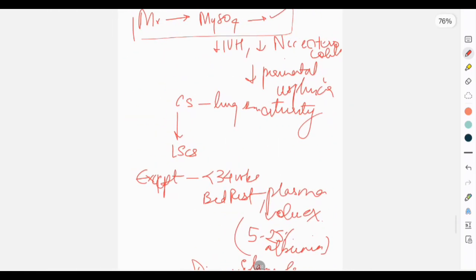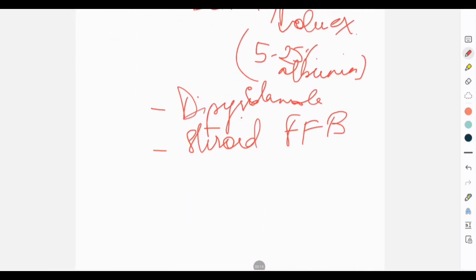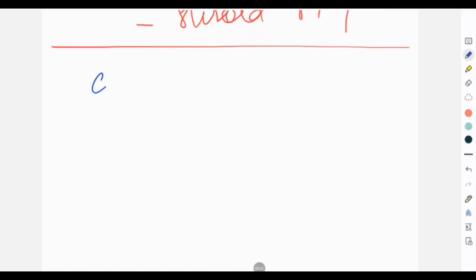So management is MgSO4, then corticosteroids, termination by LSCS, except in less than 34 weeks, where there is bed rest, plasma volume expansion, dipyridamole, steroid, and fresh frozen plasma. We move on to the complications.